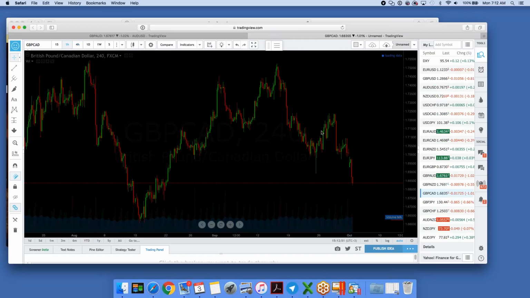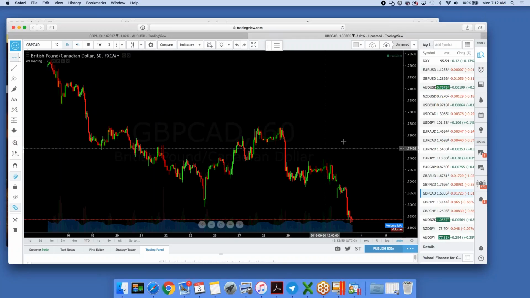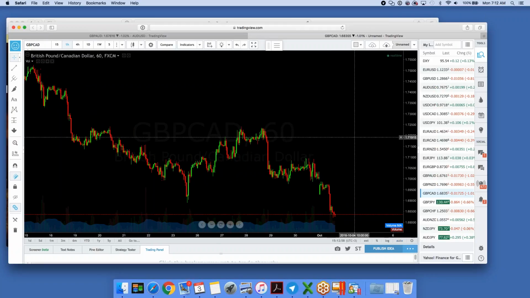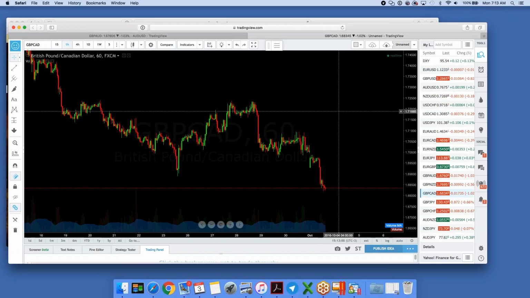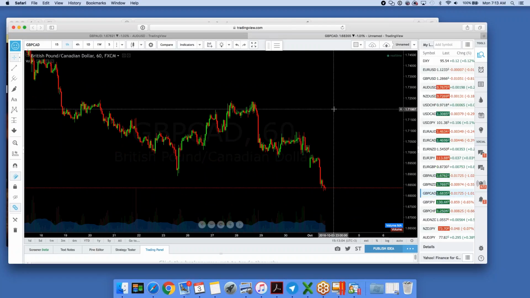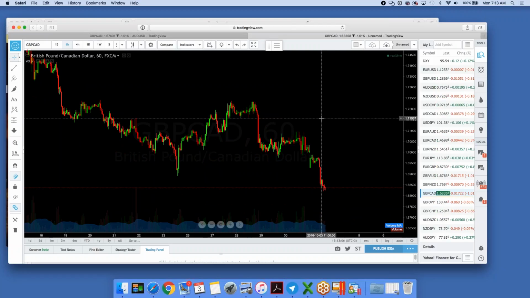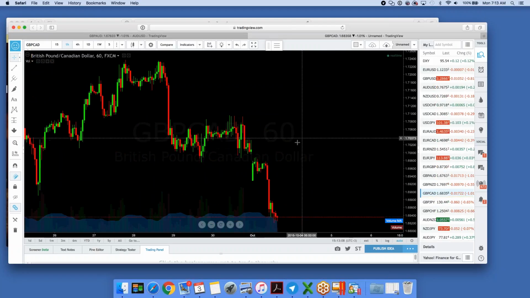It looks like all the pound pairs have a gap. Normally gaps close, but again, we don't know when. It could close today, this week, or next month. Not very trustworthy.